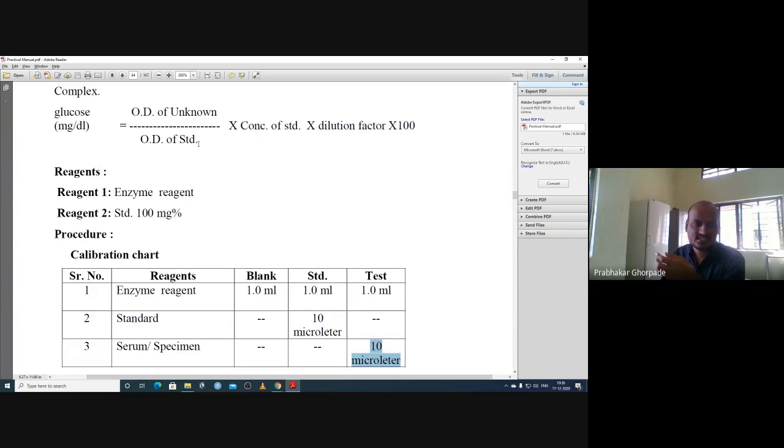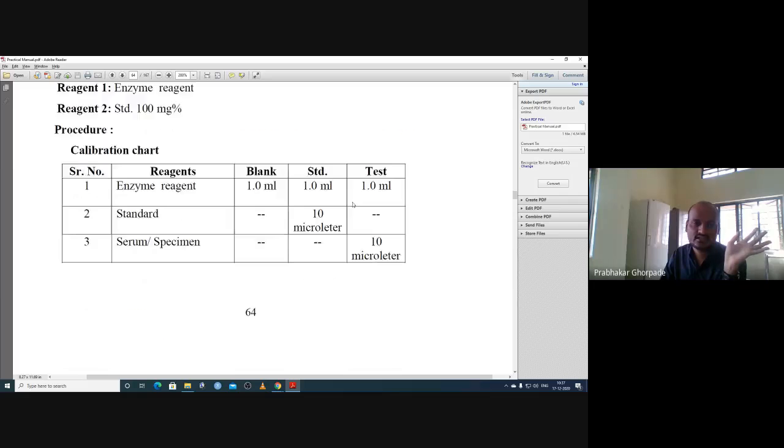So the optical density of the serum is based on how much intensity of color is there, and the optical density of the standard, the concentration of standard multiplied by the dilution factor.